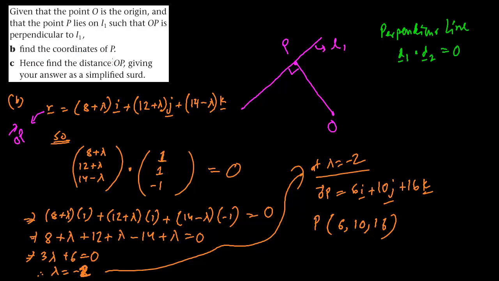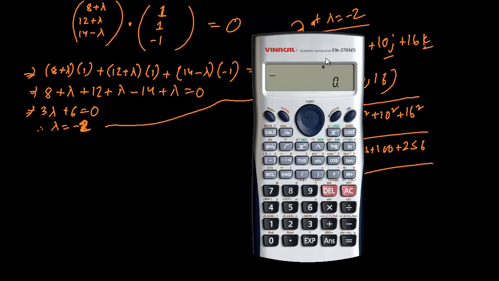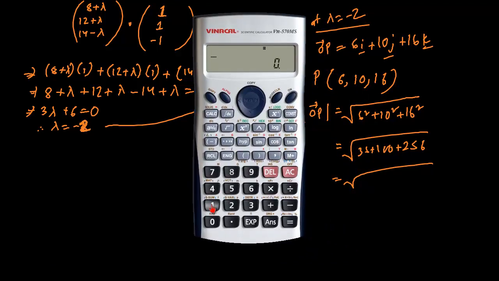Question C is just find the length of OP. That means the modulus of the position vector. So OP modulus equals the square root of the coefficient of i squared, 6 squared, plus j squared, 10 squared, plus the coefficient of k squared, 16 squared, and it turns out to be the square root of 36 plus 100 plus 256. 100 plus 36 is 136, plus 256, that is 392.